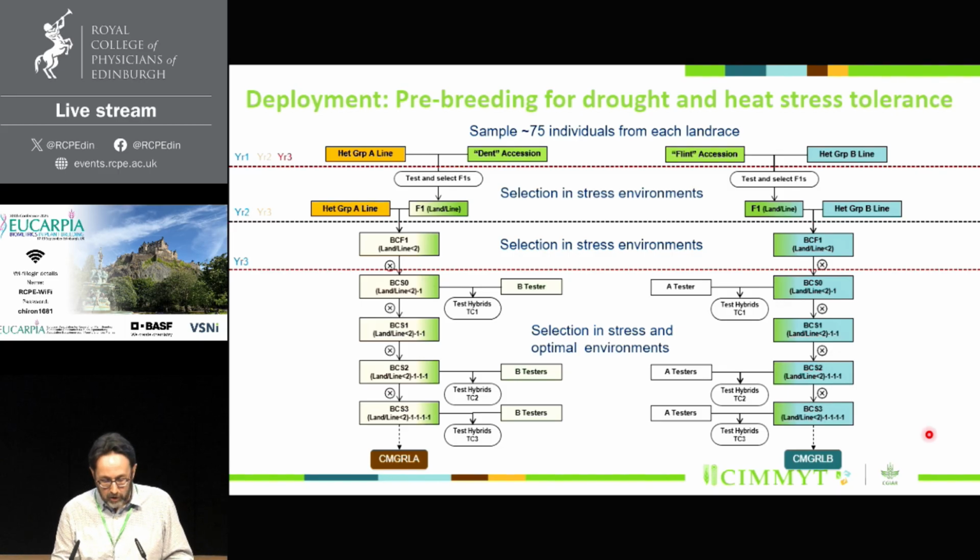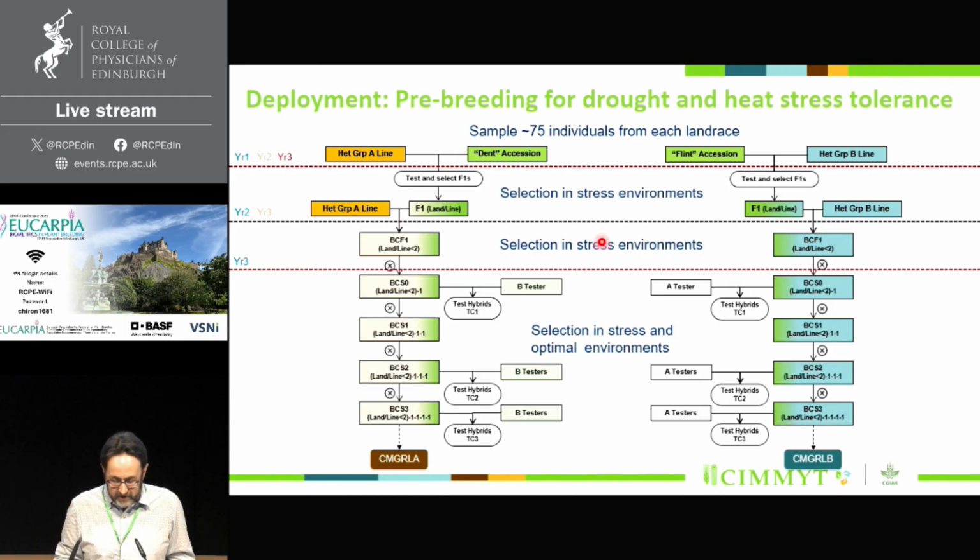Okay. So moving on to deployment in this initial project. This is the deployment model we've been using at CIMMYT for the last 15 or so years. We sample about 75 individuals from each landrace, characterize which heterotic group they belong to, and then cross to the opposite heterotic group, test and select some F1s, make a backcross, usually just a single backcross, and we do all of this early development specifically in the stress environment.